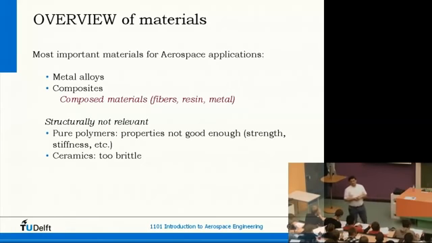But you don't use them in highly loaded structures. The strength and the stiffness of these materials is way too low. Ceramics, on the other hand, has another problem. As you can see, it is way too brittle. It is very notch sensitive, and it breaks very easily if you have a load which is not properly applied to a structural part.